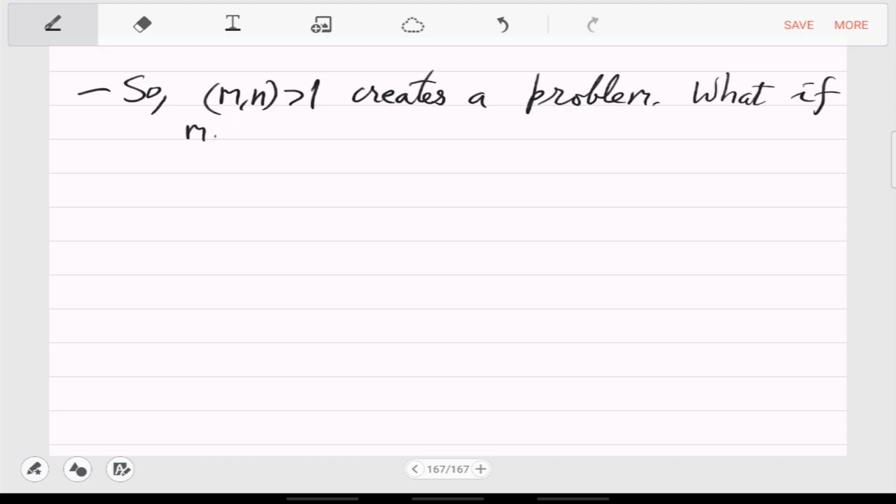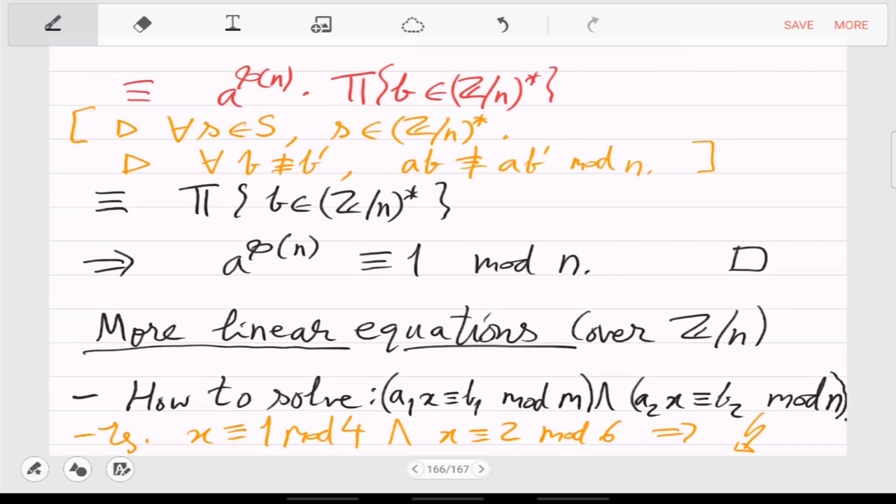What if they are co-prime? What do you think? If you have a system where you have two equations where m and n are co-prime, will there be a bad case? Can there be A's and B's so that there is no solution? Well, of course, there can be A and B's.